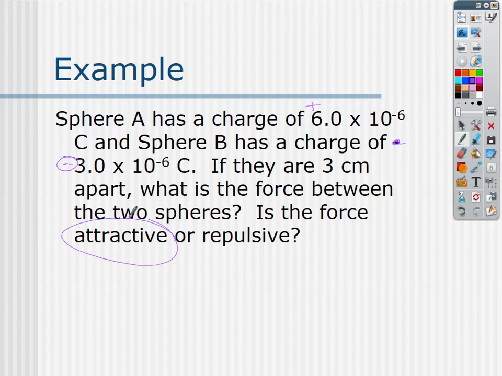All right, but let's go ahead and solve.